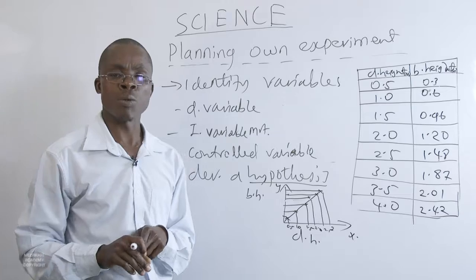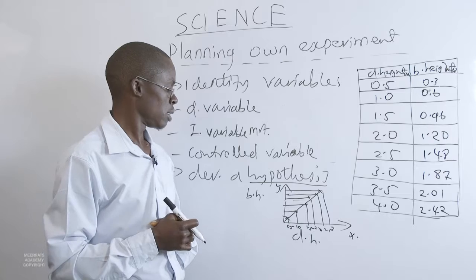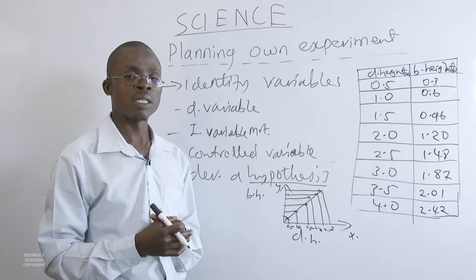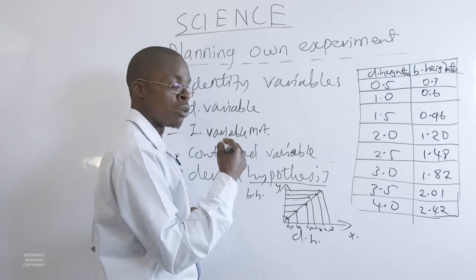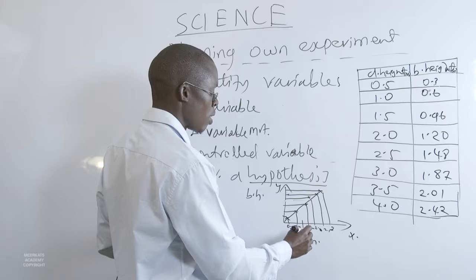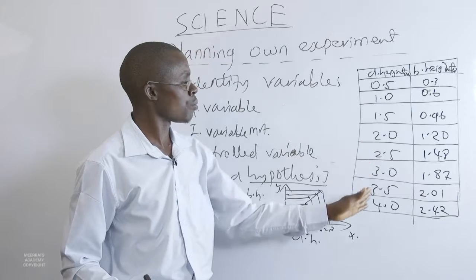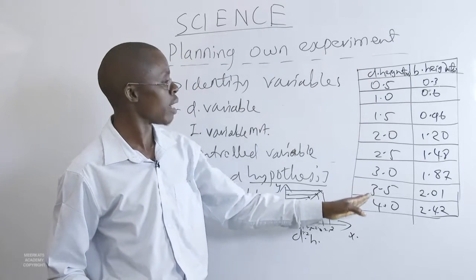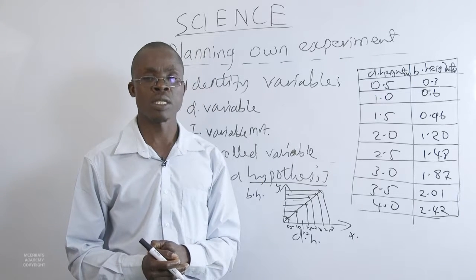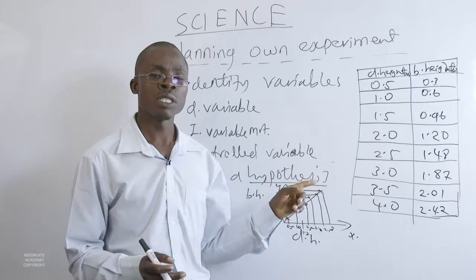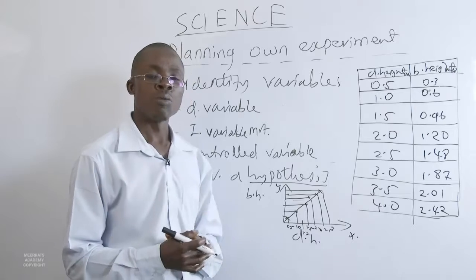Then somebody comes out with a question. What will be the bouncing height if the ball was dropped from a height of 1.2? Looking at your data here, 1.2 as a dropping height does not exist anywhere. But here comes a question. What will be the bouncing height of this tennis ball if dropped at 1.2 meters high?